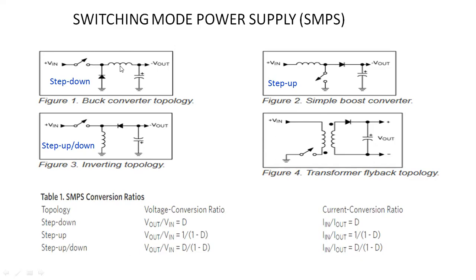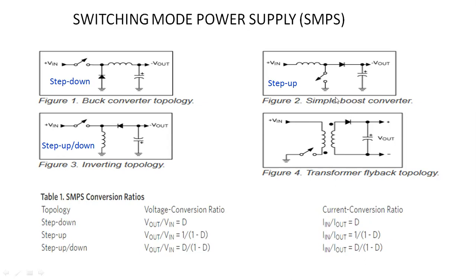If we use first an inductor and then a capacitor, here we are using a switch, but firstly an inductor. When we give the input, it goes to the inductor. After that we use the switch, then the diode, and at the output the capacitor.